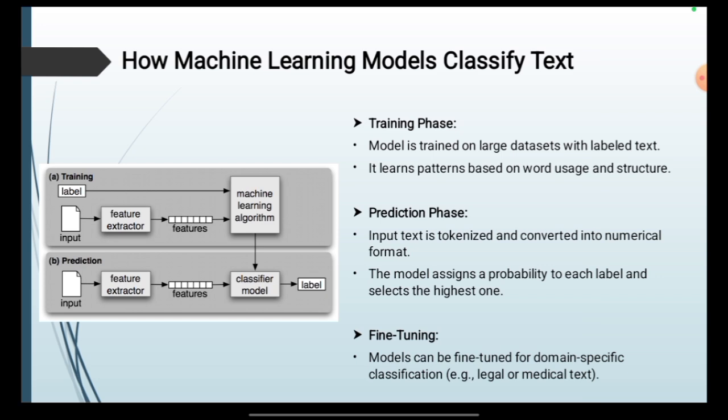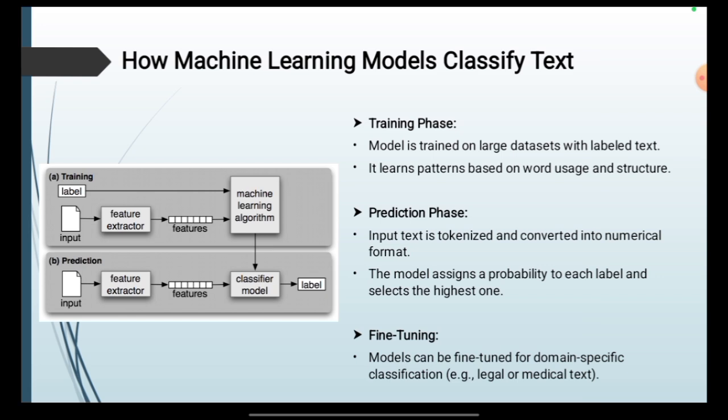Prediction phase. Input text is tokenized and converted into numerical format. The model assigns a probability to each label and selects the highest one. Fine-tuning. Models can be fine-tuned for domain-specific classification. Example, legal or medical text.